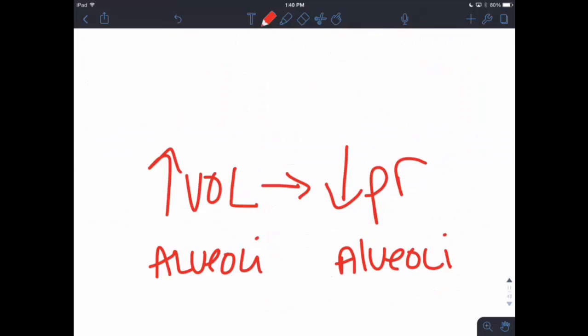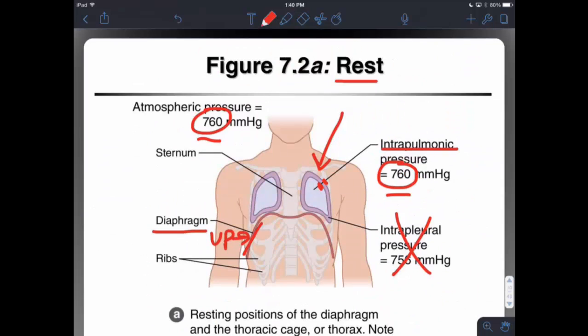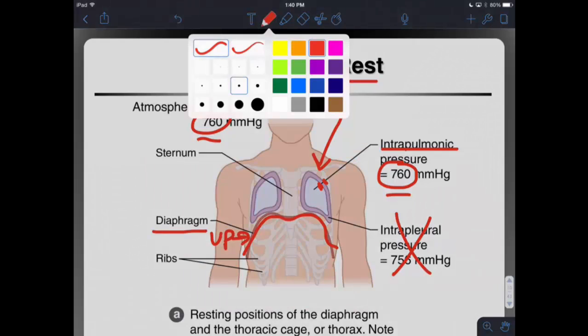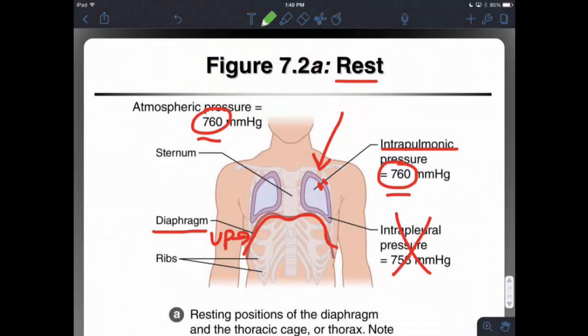If you look here, we've got the diaphragm in the up position. If we drop the diaphragm like this, the thoracic cavity is going to expand down.